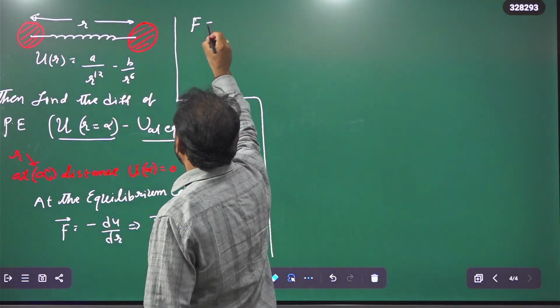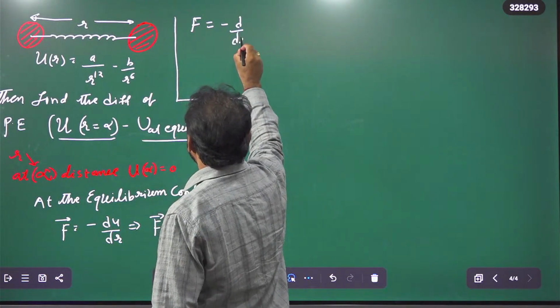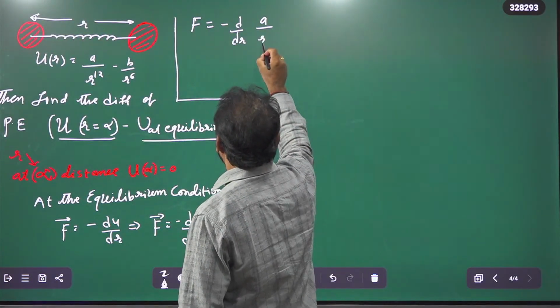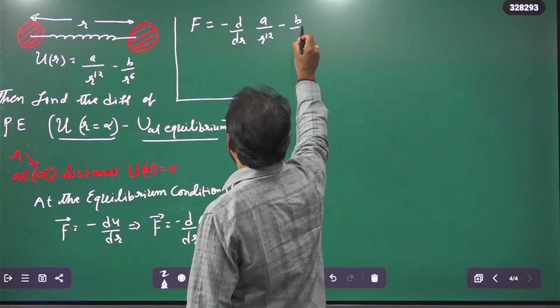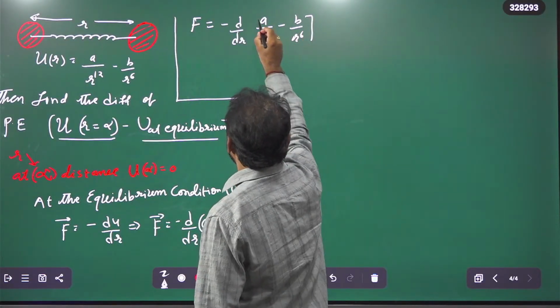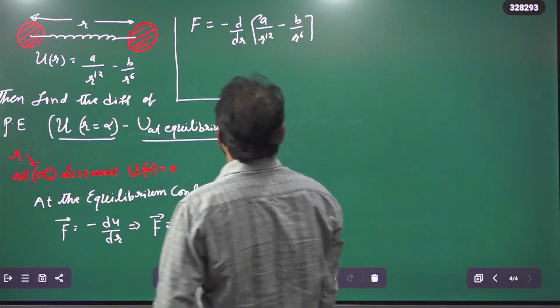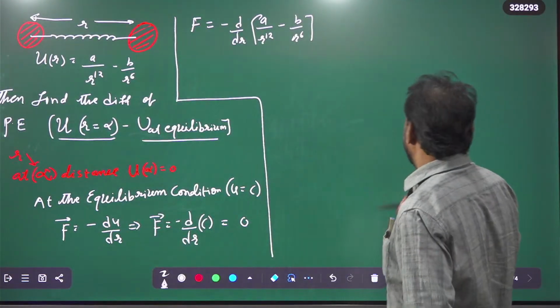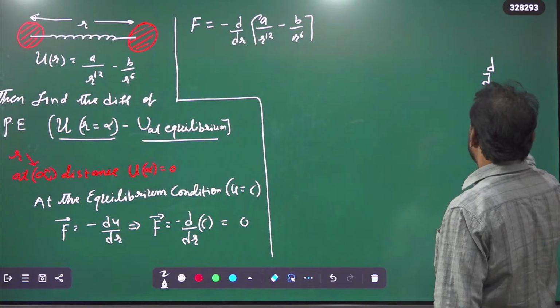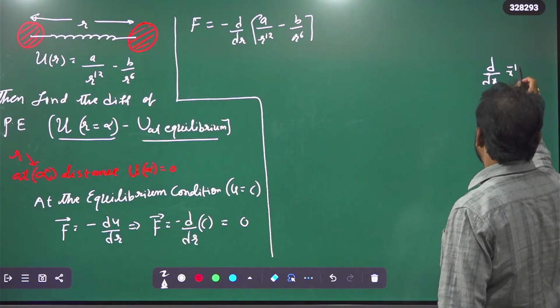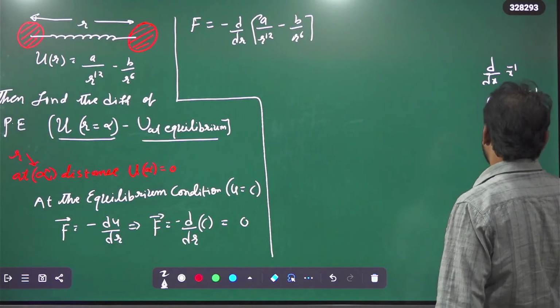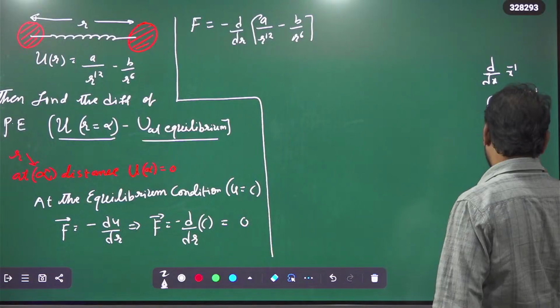Therefore, F is equal to minus d upon dr of U, where U is a upon r to the power of 12 minus b upon r to the power of 6. For example, d by dx of x to the power of minus 1 is minus 1 into x to the power of minus 1 minus 1, that is minus 1 upon x to the power of minus 2... that is, minus 1 upon x square.